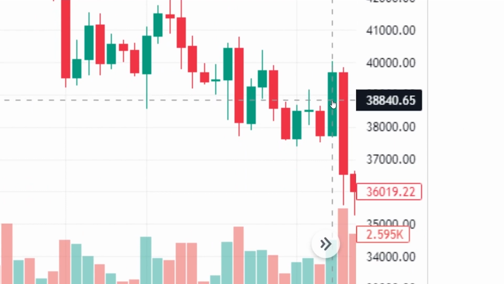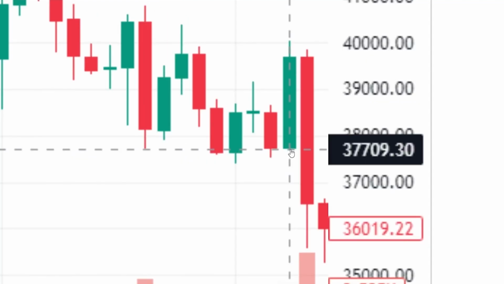In one day, which was 4th May 2022, we can see the price started at the start of the day. At the start of 4th May, the price was 37,740 and 73 cents. It opened at that, and then it went lowest to 36,677. It went from 37,000 to 36,000, almost a drop of 1,000.